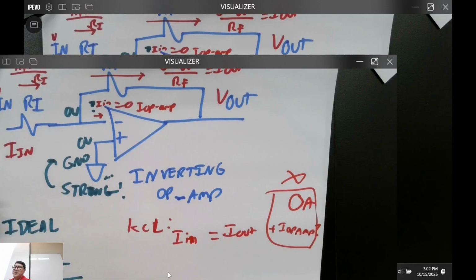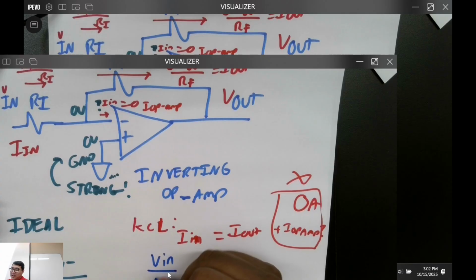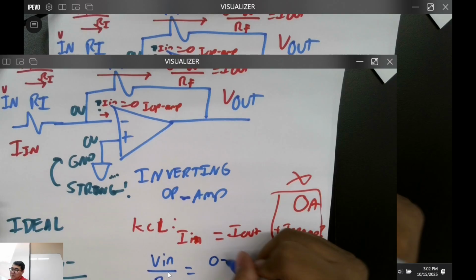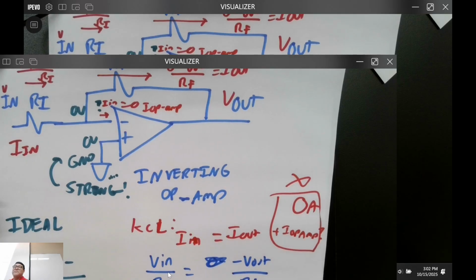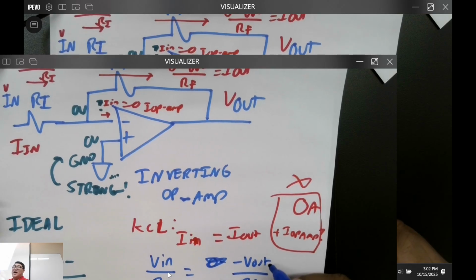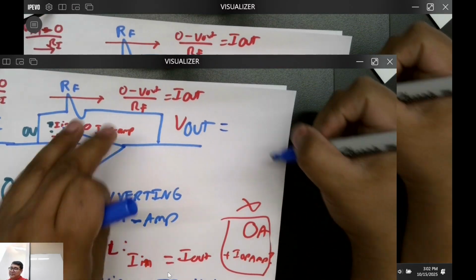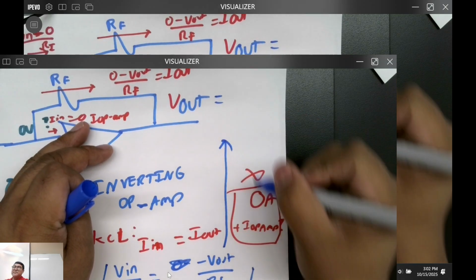Let's write this in terms of voltages. V in divided by Ri is equal to, is anyone bothered if I just do this, minus V out over RF? But we want the output voltage, right? What's V out then?